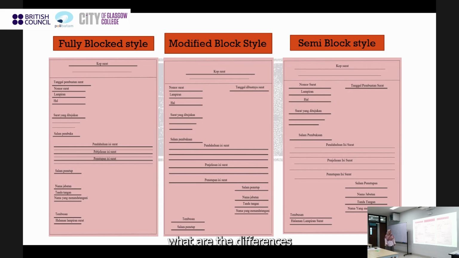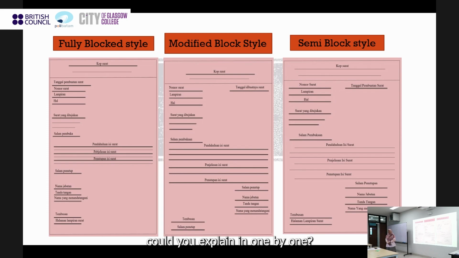What are the differences? What's the template? The template is different. Could you explain it one by one?